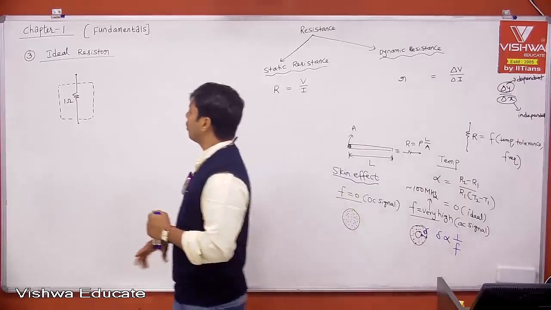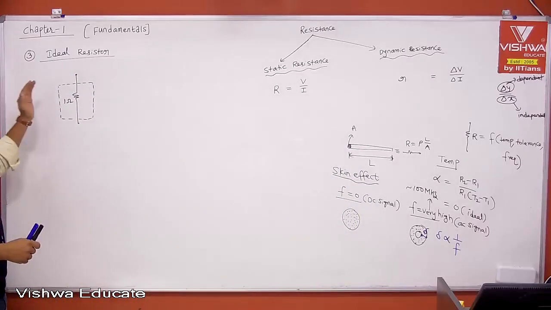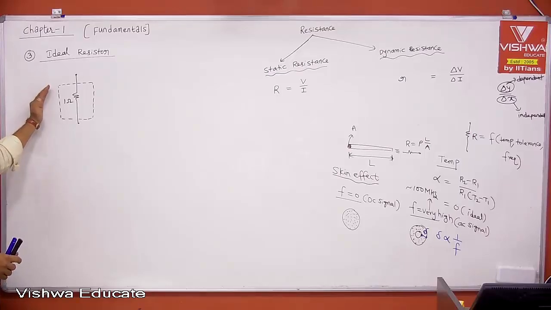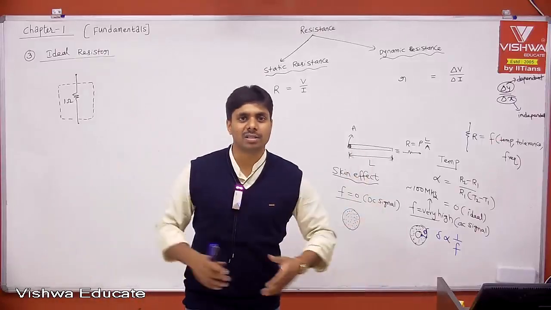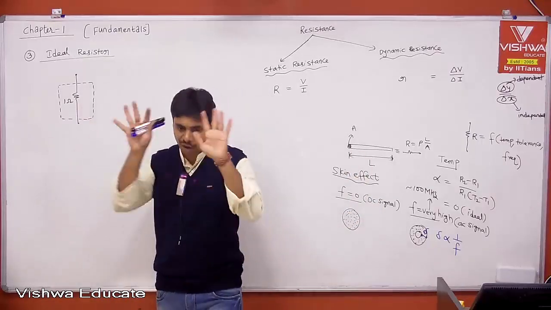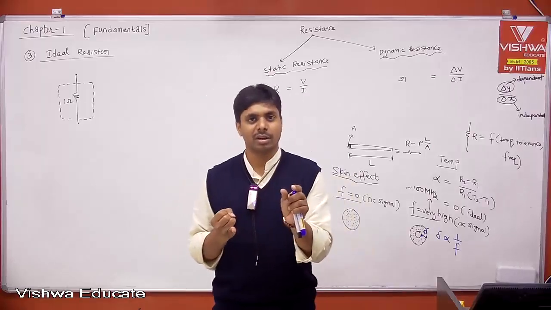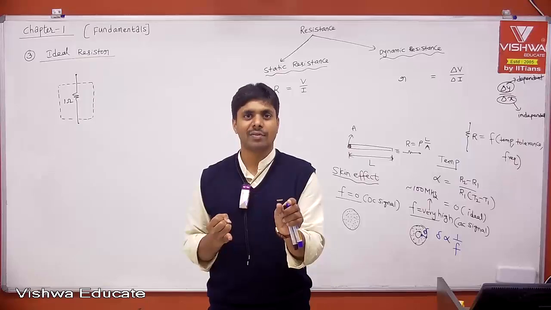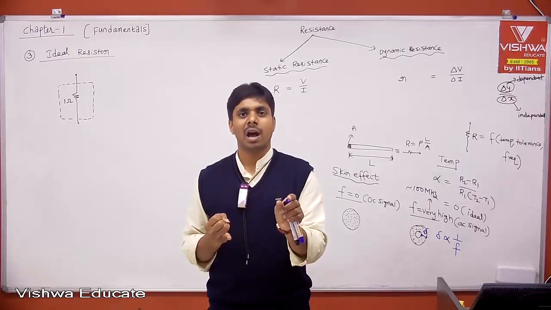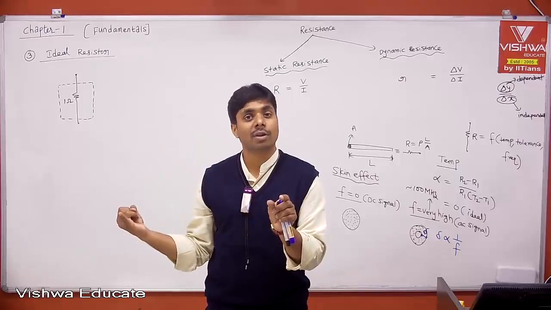Now I can continue. When I say ideal resistor, it is irrespective of temperature, tolerance, frequency, and any other condition: the resistance 1 ohm is 1 ohm. Similarly, an ideal voltage source gives 10 volts irrespective of anything, whether temperature effect, tolerance effect, discharge effect, or the current you are trying to draw from the voltage source.